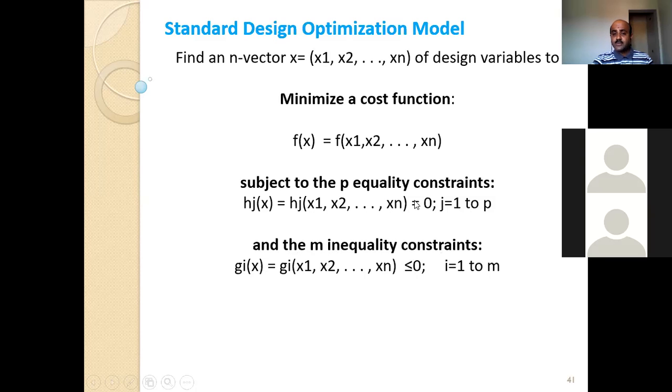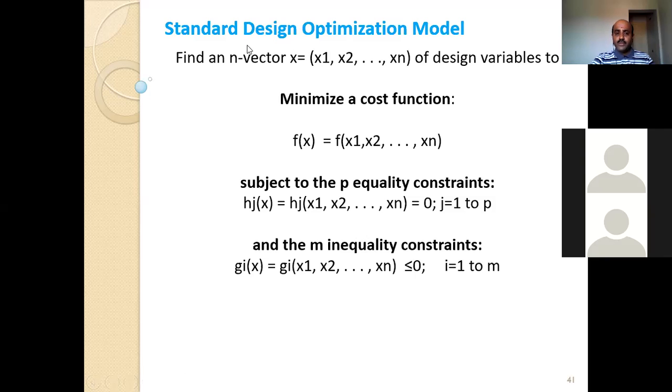Look at the difference between the constraints. In the equality constraints, we have an equal symbol, whereas in inequality constraints, we have less than or equal to, or greater than or equal to. That is what we call an inequality constraint.